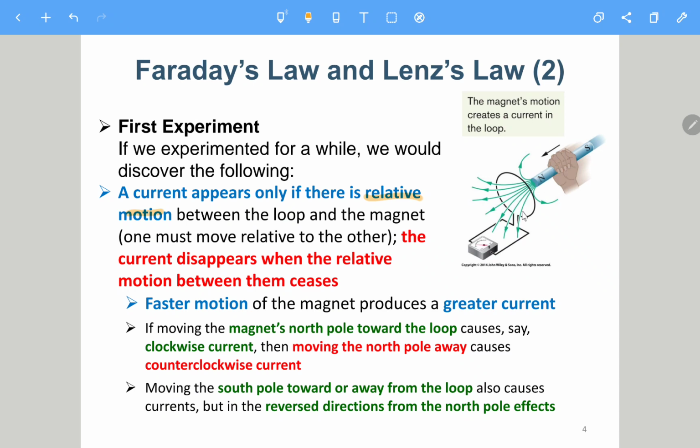So it is a relative motion between the magnet bar and this loop. One must move relative to the other. If they are moving together, then there won't be any current. The current disappears when the relative motion between them ceases.